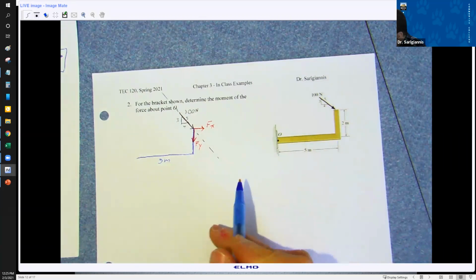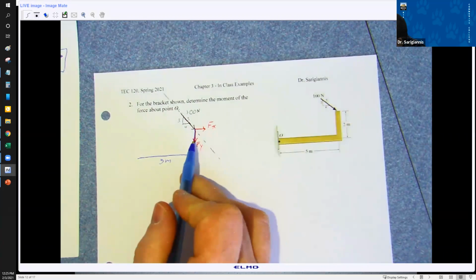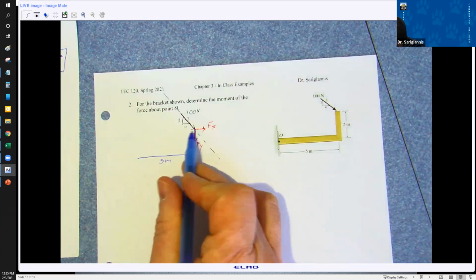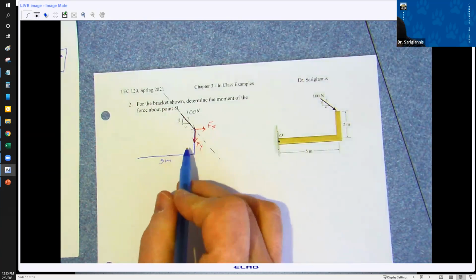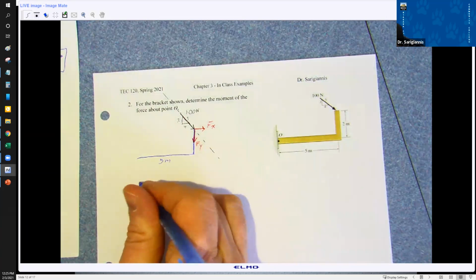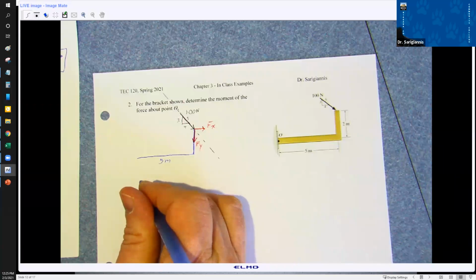All right. So this is relatively straightforward in that we can find the X and Y forces using the ratios of this triangle. I'm going to draw the force out here separately just because I think it's clearer.